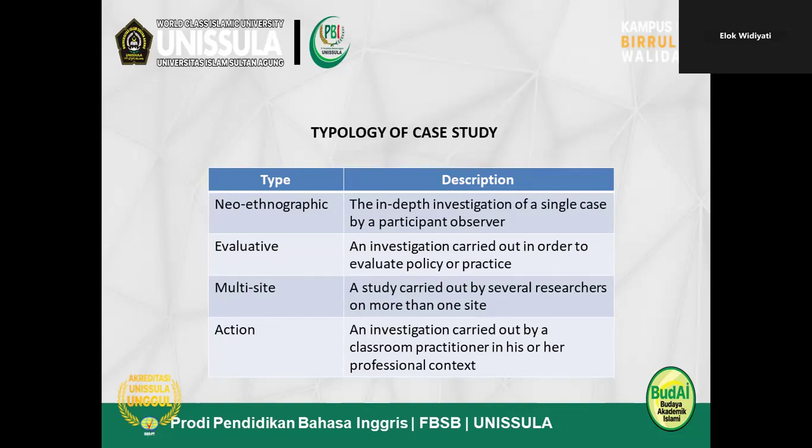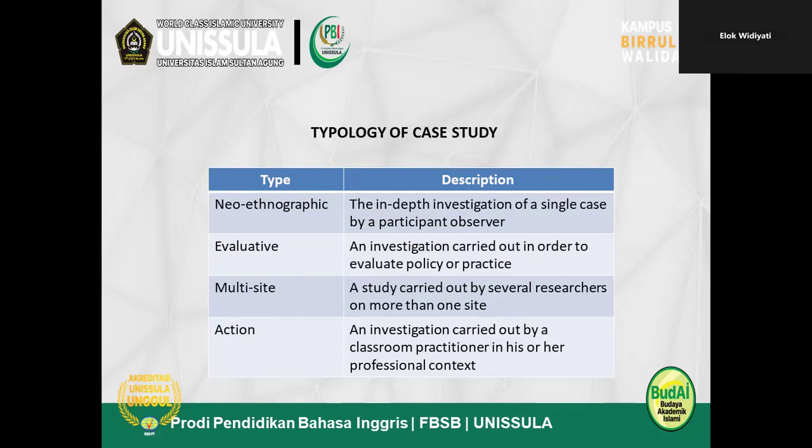About the first type, neo-ethnographic, the description is an in-depth investigation of a single case by a participant observer. The evaluative type is an investigation carried out to evaluate policy or practice.